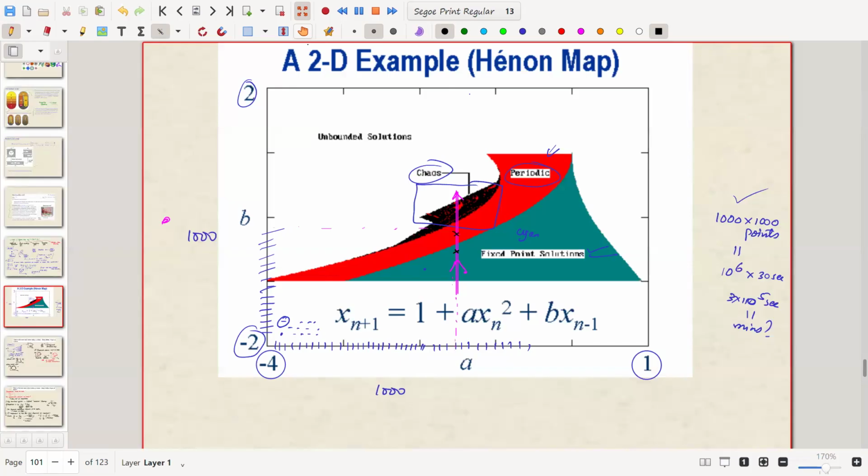But this color code doesn't tell you what kind of period number it has. After the period doubling, suddenly it goes to chaos in black. So this is nothing but the period doubling route to chaos.